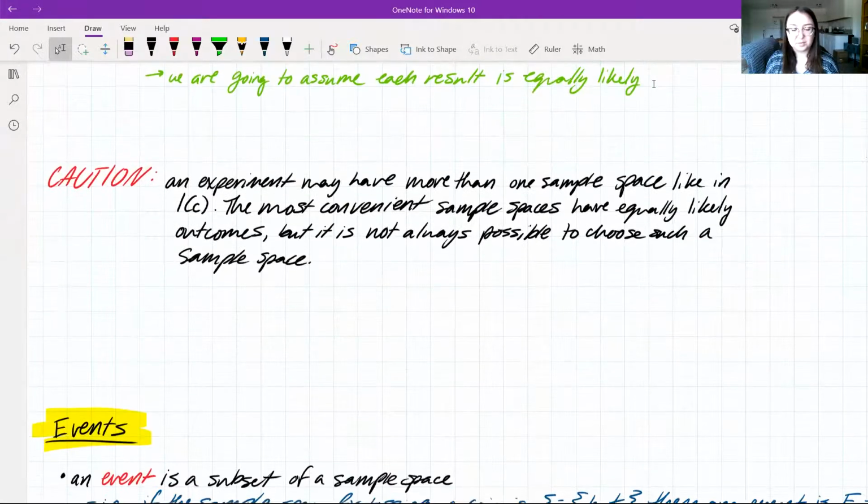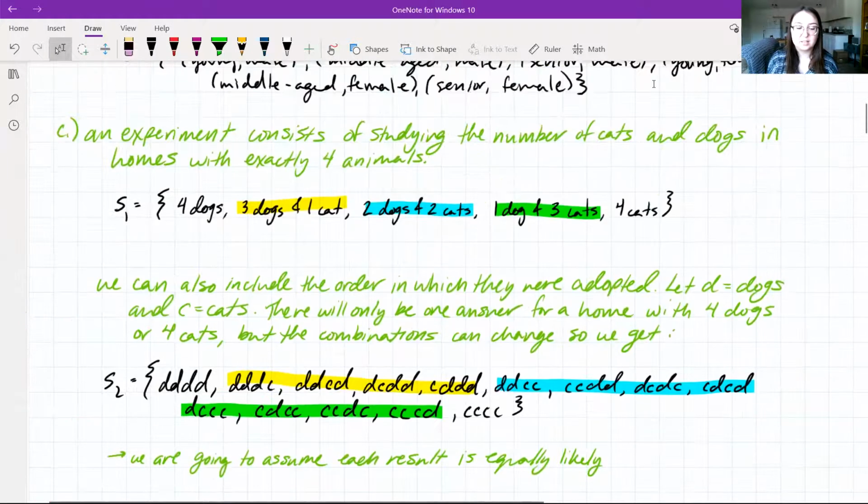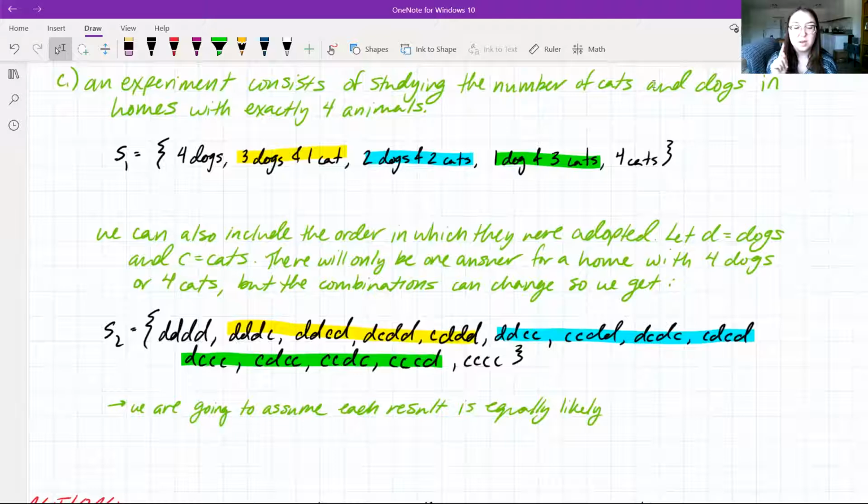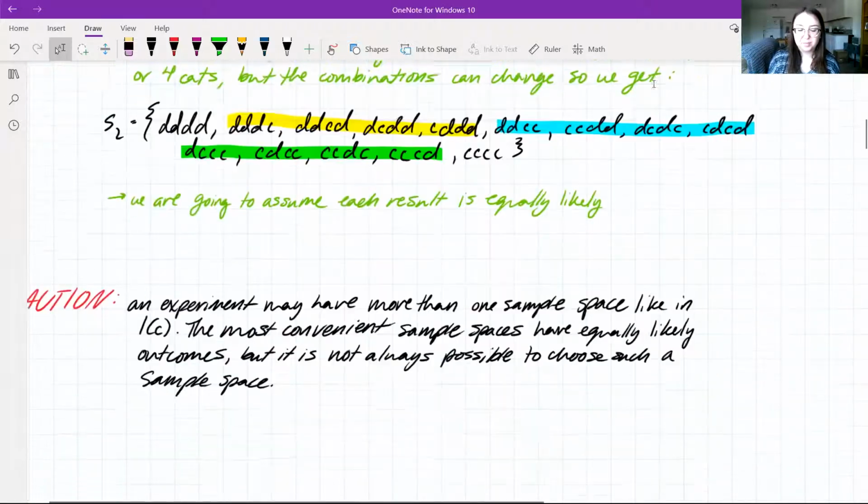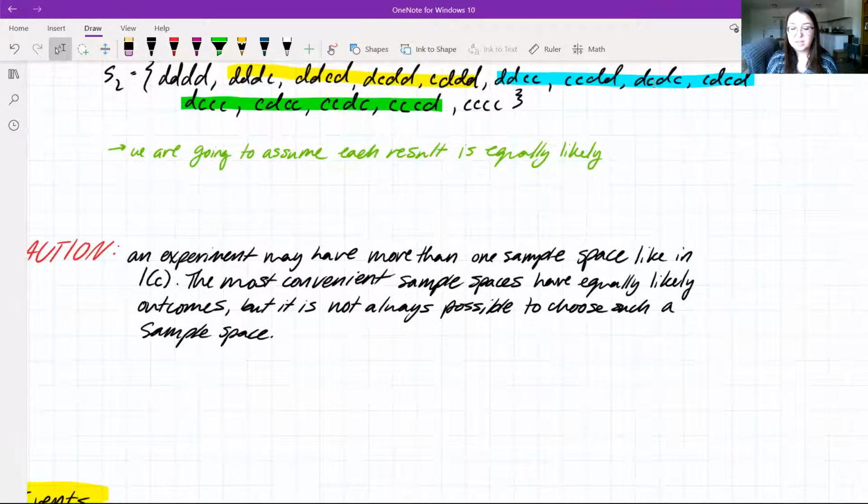So a word of caution, an experiment may have more than one sample space, like in number 1C, like in the one that we just did, because we see here there's 2 sample spaces, one in which we just have all the different outcomes without order, and then our second where we have all the different outcomes with order. The most convenient sample spaces have equally likely outcomes, but it's not always possible to choose such a sample space.